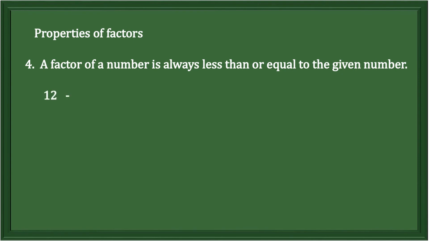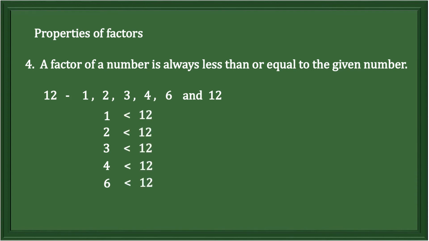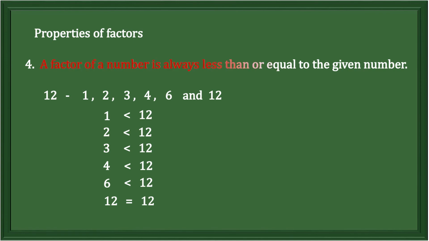The factors of 12 are 1, 2, 3, 4, 6 and 12. Do note that the factors 1, 2, 3, 4 and 6 are lesser than 12 and the last factor is equal to 12.